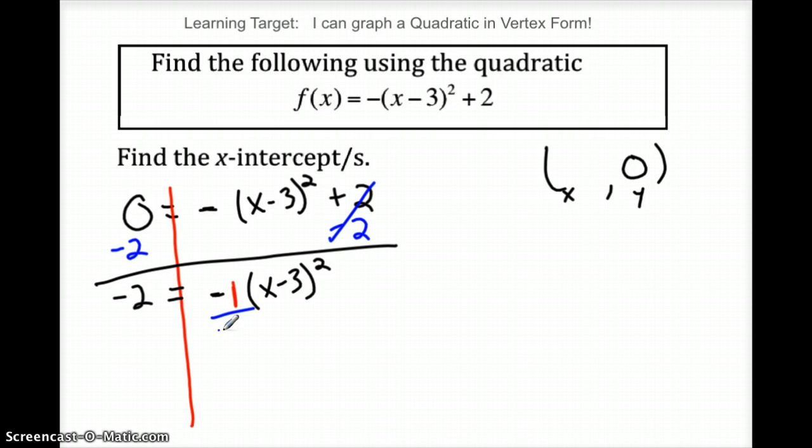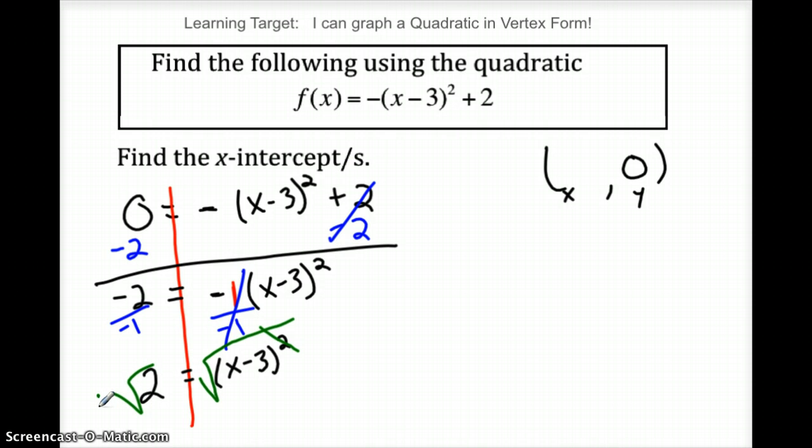So the only other way to get rid of multiplication is to divide. That's how we'll get rid of that negative sign. And over here, a negative divided by negative is just going to turn into a positive 2. Now that my parentheses are alone, I want to get rid of that square. We've got to jailbreak the x minus 3. We've got to free it. So we're going to take the square root.